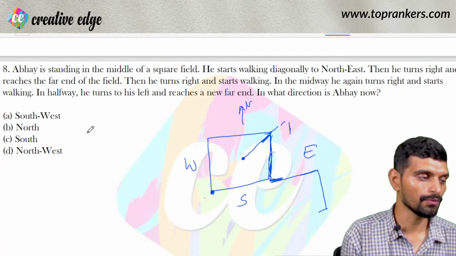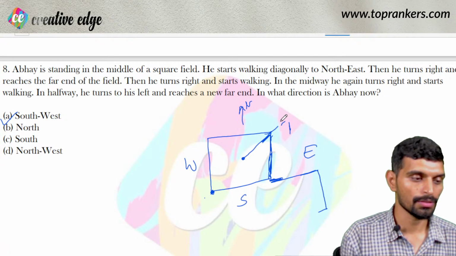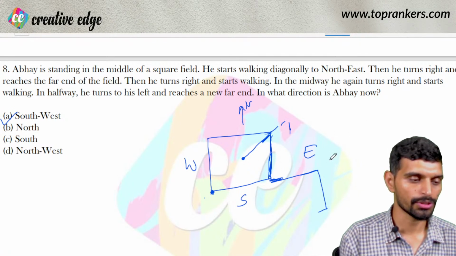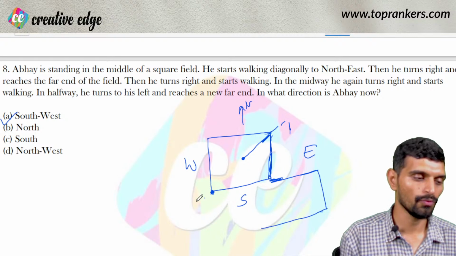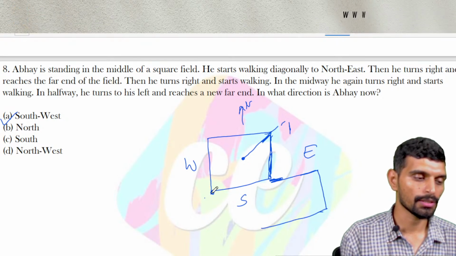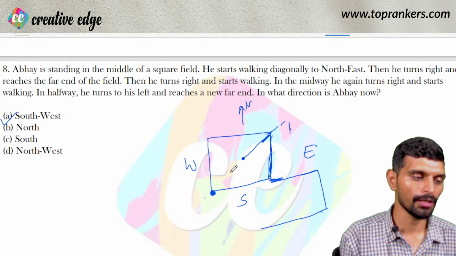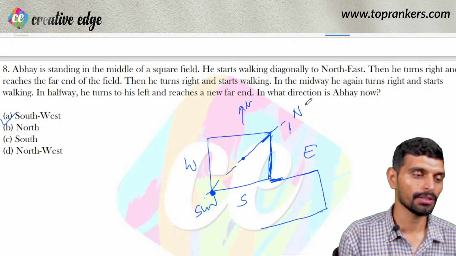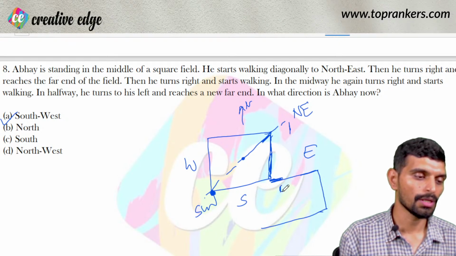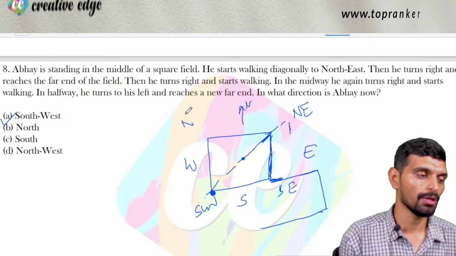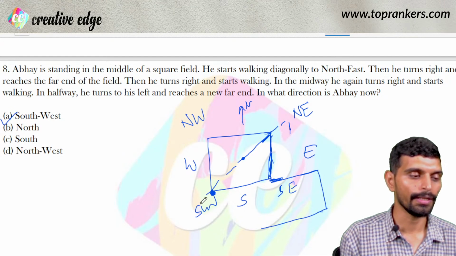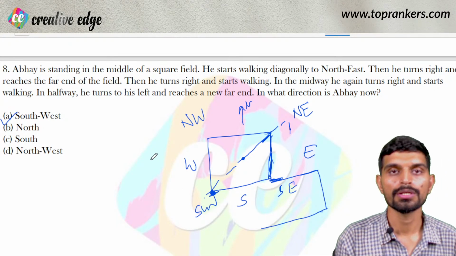I have drawn it outside the structure, but he takes a left and walks towards the farthest end. So he'll be here. This is the southwest corner, this is northeast, this is southeast, this is northwest. So after taking turns left, right, right and left, he will be walking towards southwest.